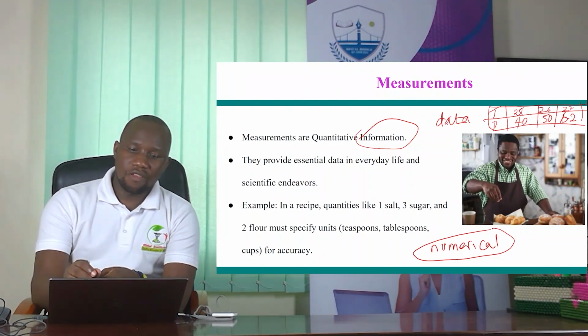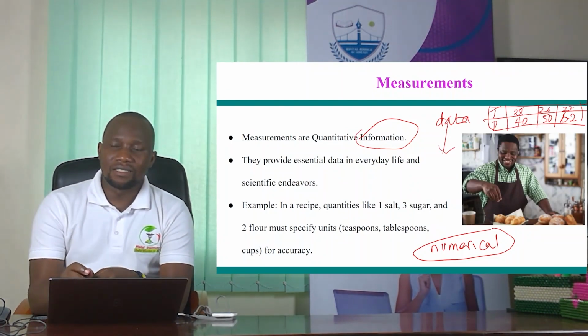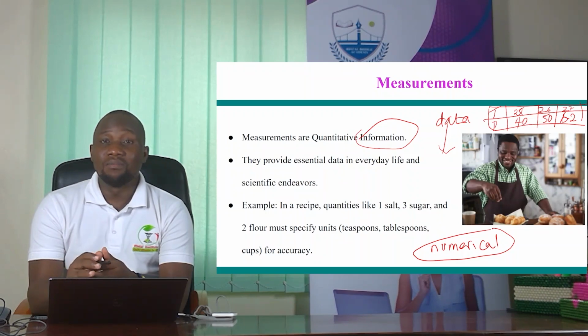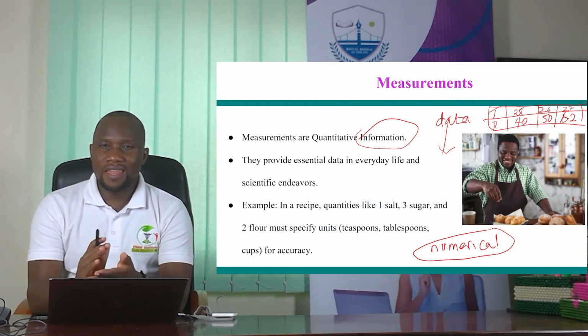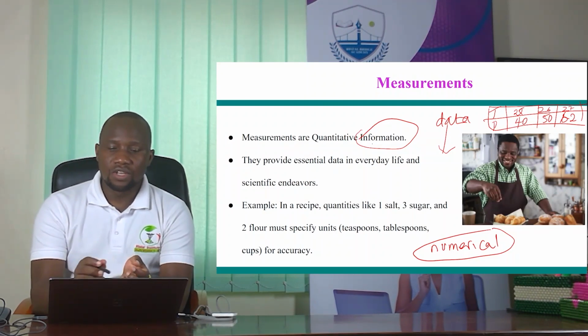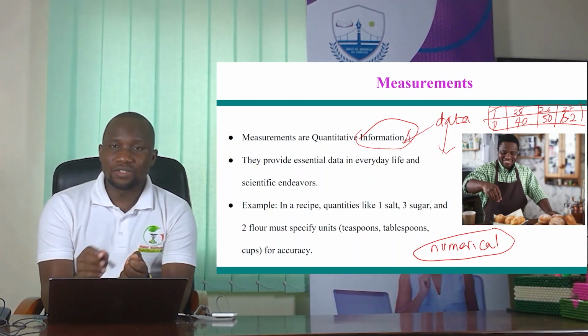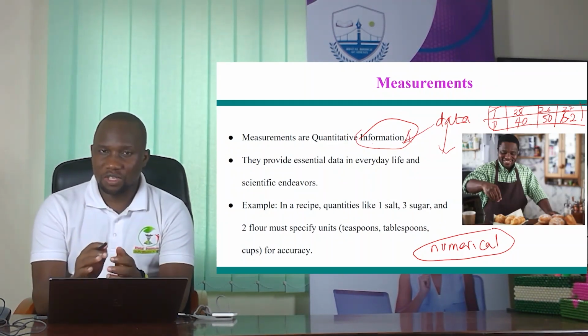Now, if you explain this data, you say that as temperature increases, the rate of reaction also increases, then that becomes information. If you add explanation to these figures, it becomes information. So we get information from data. It's something that I want you to know.